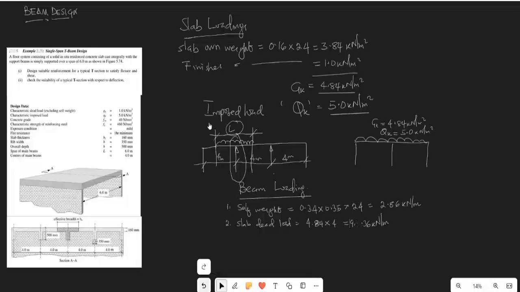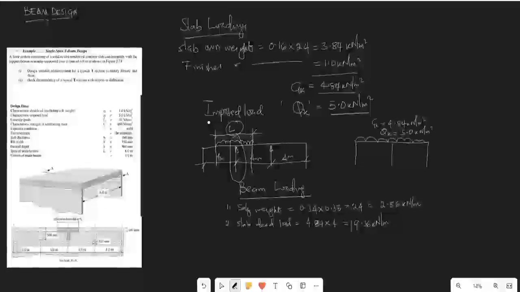So the dead load from the slab, I spread across the portion which the beam is supposed to support directly, and that's why we have 19.36.